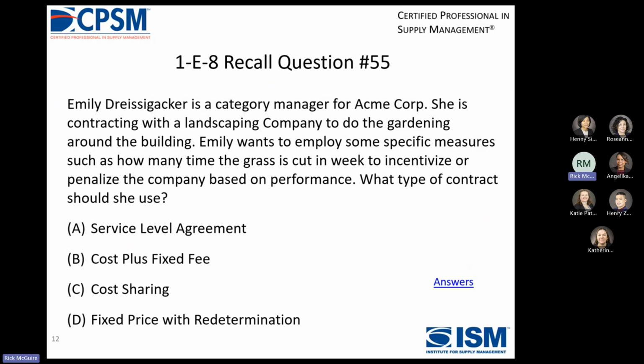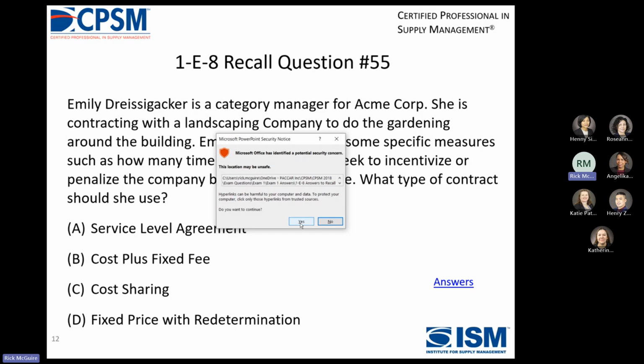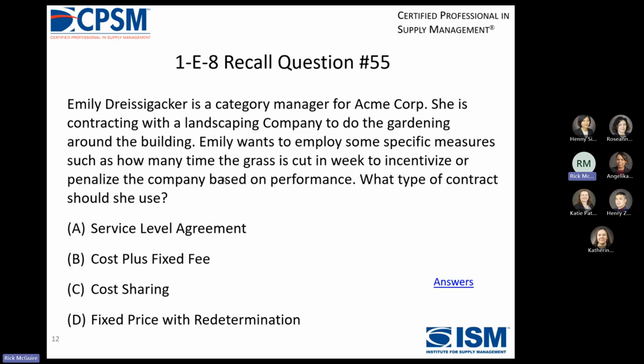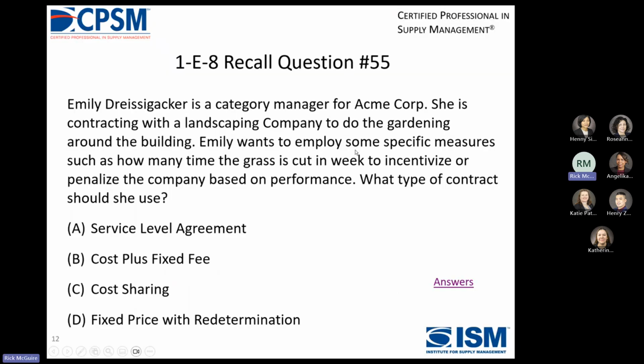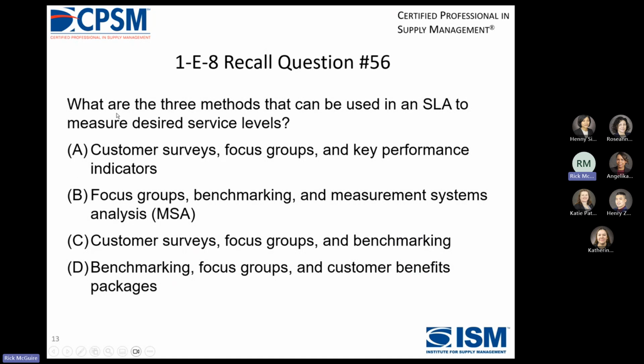What type of contract should she use? Any guesses out there? Yeah, you guys better get this one right. Yep, it is the service level agreement, which is actually attached to an MSA, Master Services Agreement.